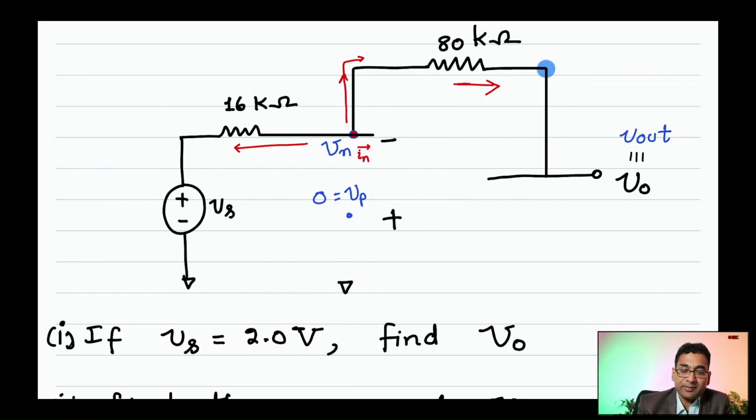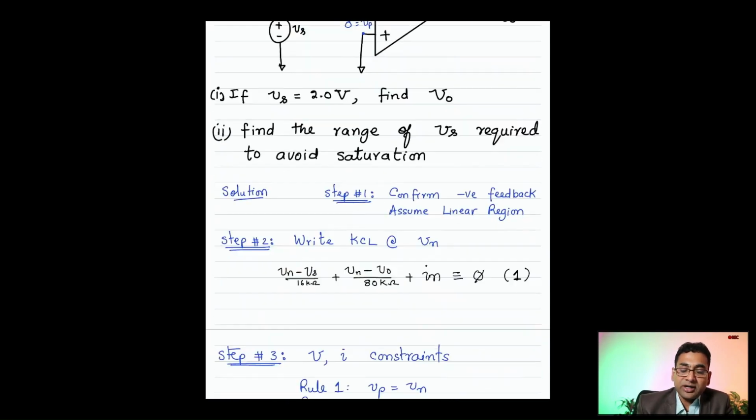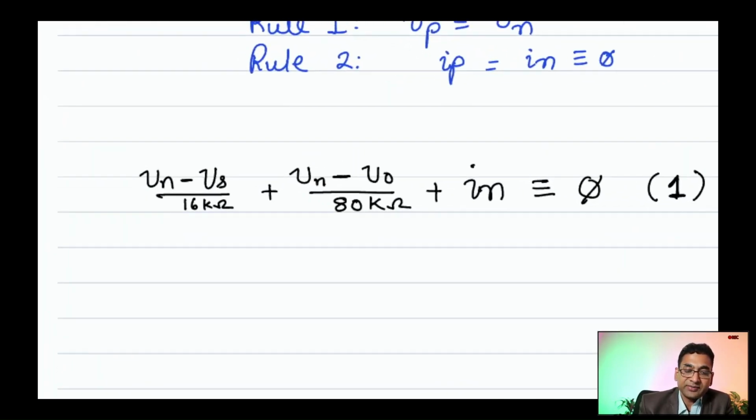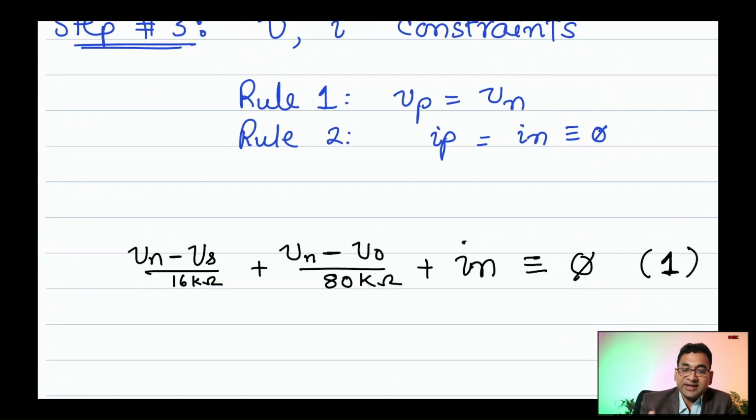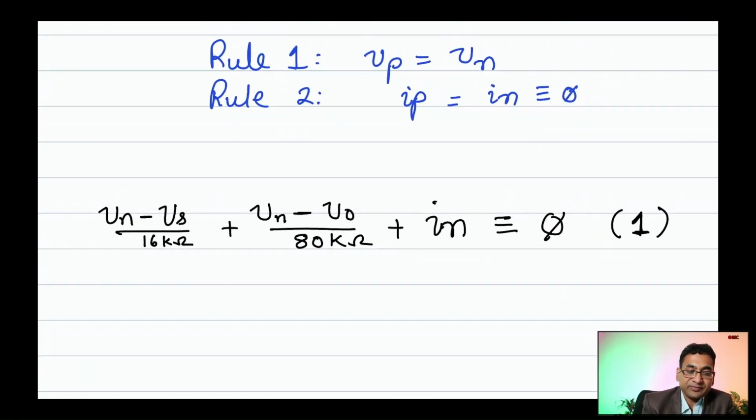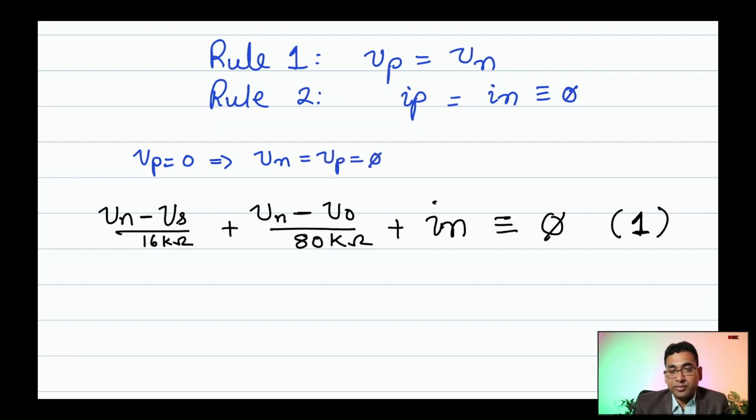So we are applying a bunch of concepts that we saw in section 5.2. Because Vp is tied to ground, by definition, Vn is also at 0 potential. This is interesting.